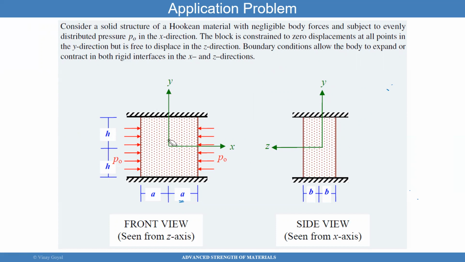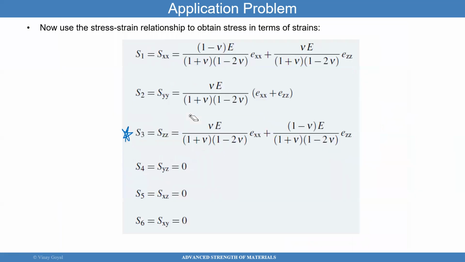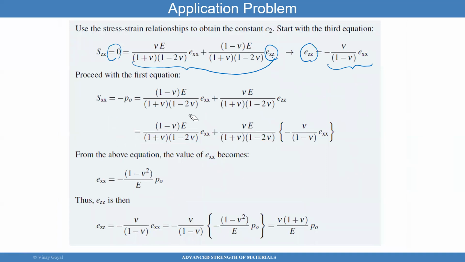And we found the relationship for that. I showed it to you, it is right here. Epsilon ZZ equals the minus of this, right? So epsilon ZZ is minus of this.